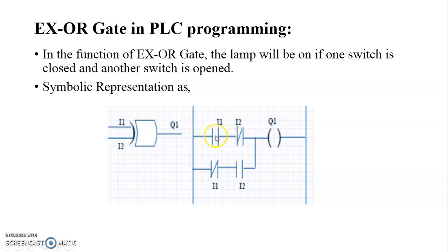That means here current will not go through the coil because this is open, and here 0 means this is closed but this is open. So there is no path for the current to flow through to energize this coil, which is why we get output as 0.